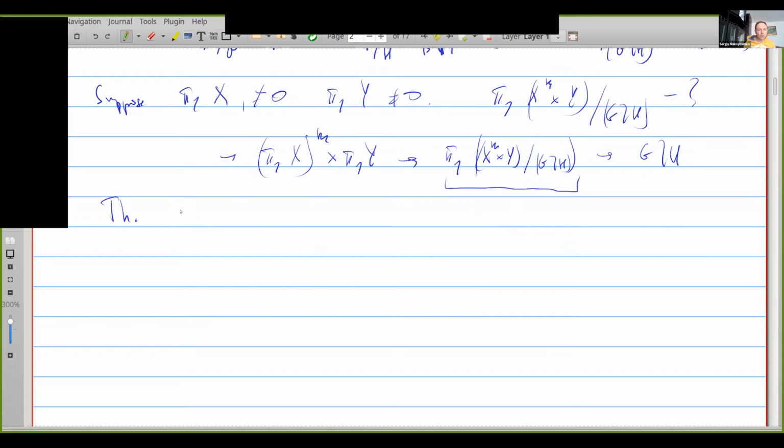Suppose we have two actions: a group G acting on a topological space X, and a group H acting on a topological space Y, and the quotients X to X/G and Q: Y to Y/H are coverings.